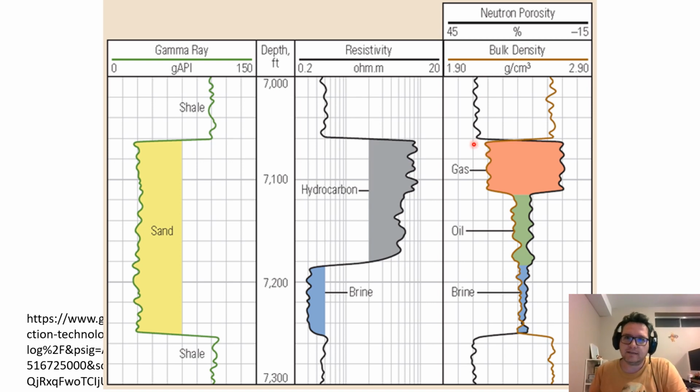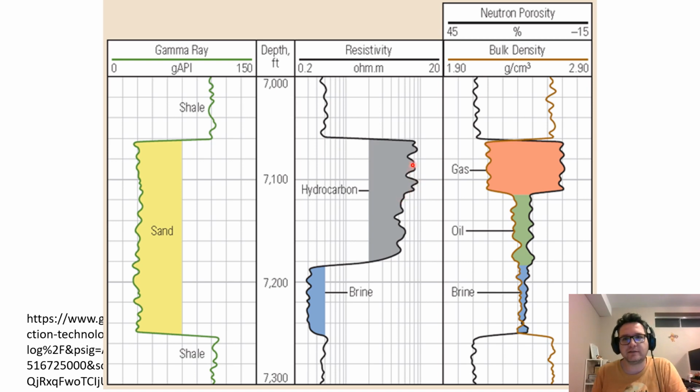So the neutron porosity will give us a low porosity reading when we have gas, and the density will also give us a low density reading. As the scale for the neutron porosity is flipped, we're going to have a big separation between those two curves.